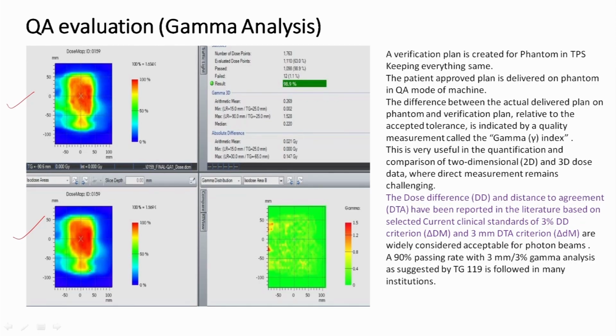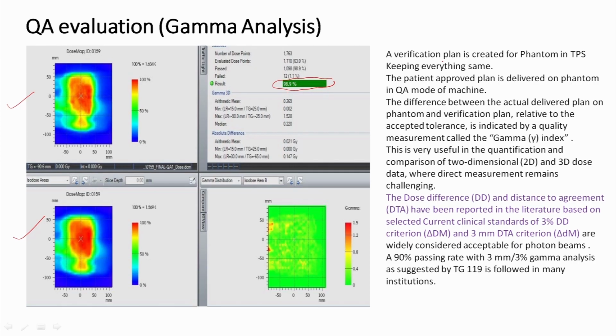Now you can look at this picture. These two plans, when correlated, coincide with each other, and the plan is passed with 98.9%. It means that the photon fluence dose distribution of both plans almost matches, with 98.9%, and the QA is passed. The actual passing criteria.